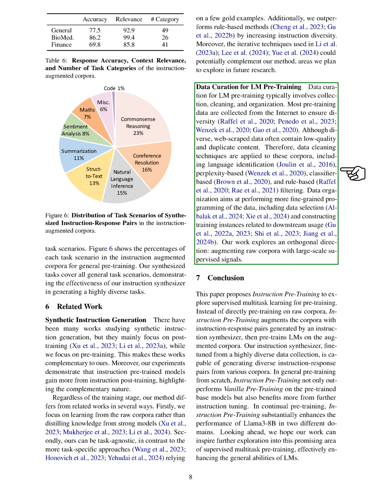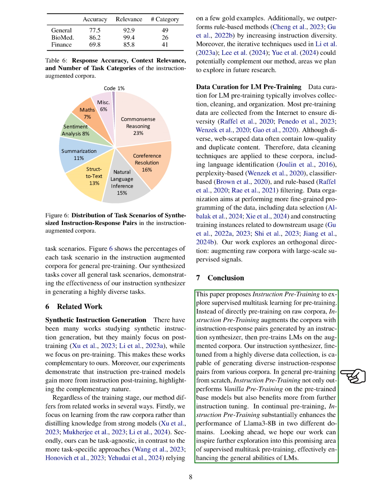Data organization involves fine-tuning the data, including selecting relevant data and creating training instances for downstream applications. Our work takes a different approach by enriching raw corpora with large-scale supervised signals, exploring a new direction in data curation for pre-training.